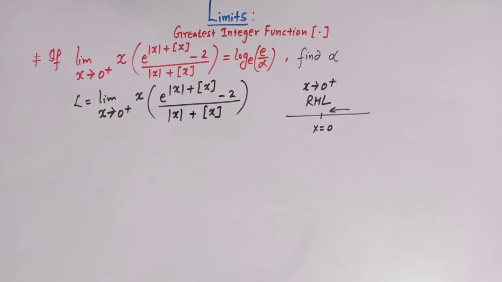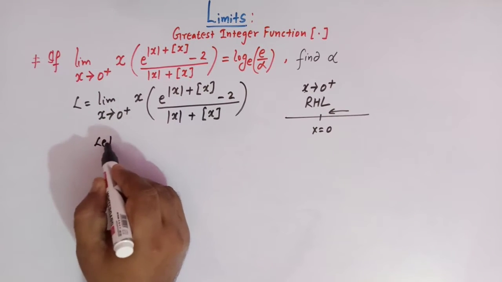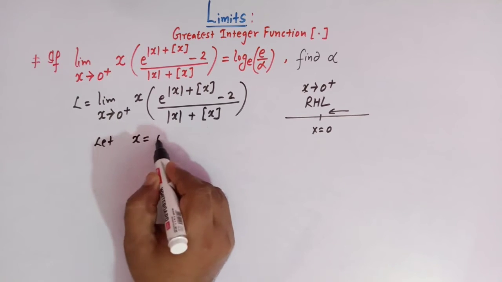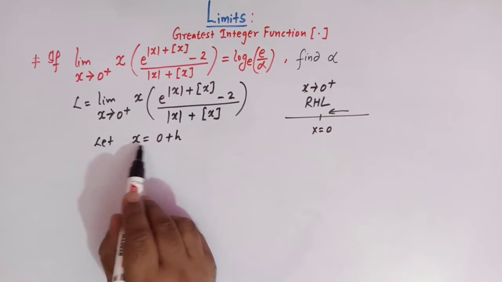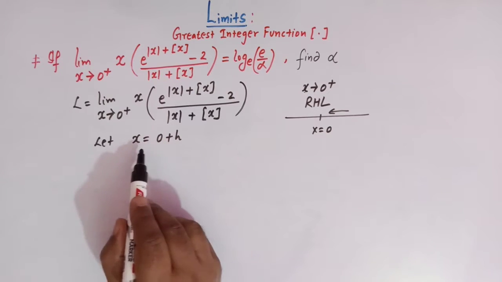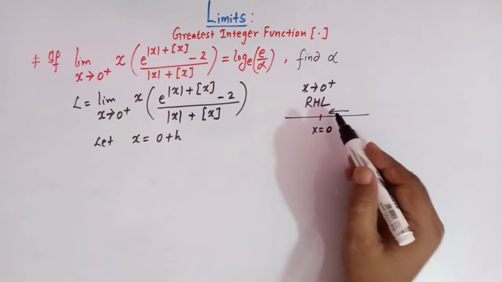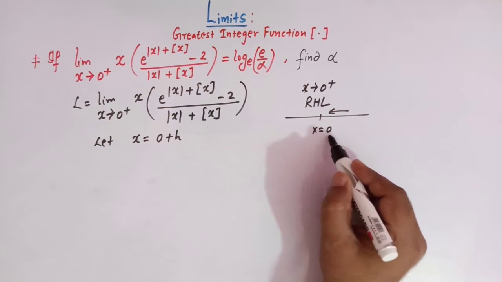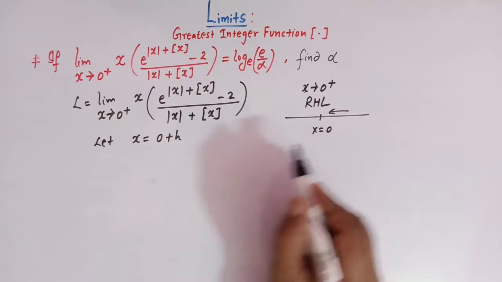So now let us substitute x is equal to 0 plus h, because all the values of x which lie towards the right of x equal to 0 are greater than 0.